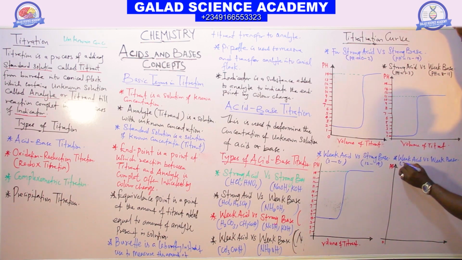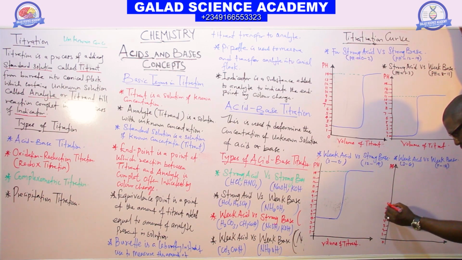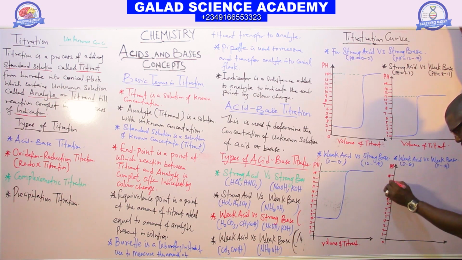So weak acid is 3 to 6. The curve. Weak base is what? 8 to 10, or to 11. 8 to 11. So by doing it now, 1, 2, 3, 4, 5, 6, 7, 8, 9, 10, 11, 12, 13, 14.